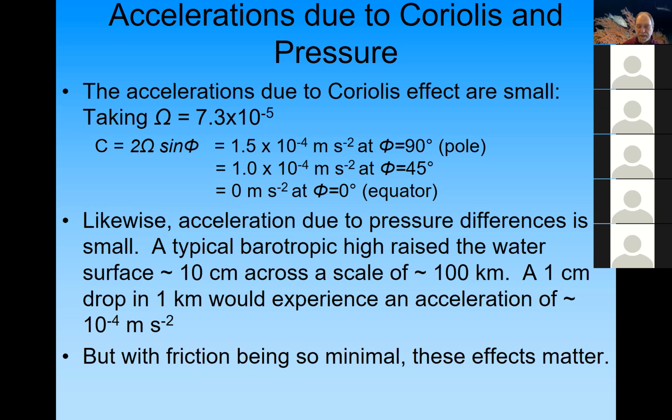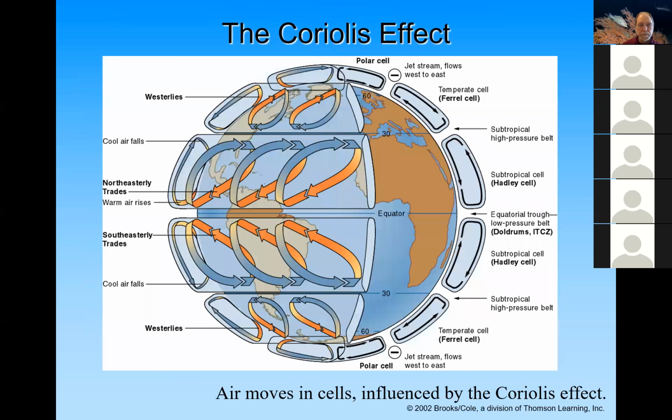So, as we talked about in the last chapter, looking at oceanic circulation, we have this series of convection cells, the Hadley cells, the Ferrel cells, and the polar cells.